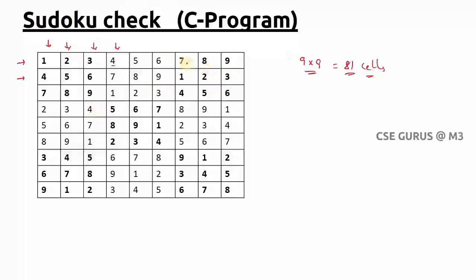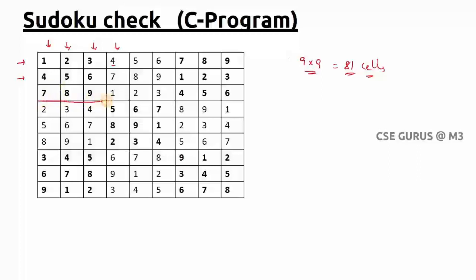Let me consider this one: 1, 2, 3, 4, 5, 6, 7, 8, 9. Even if you want, you can consider this one: 1, 2, 3, 4, 5, 6, 7, 8, 9. That means totally 9 cubes you need to check. What are those 9 cubes?